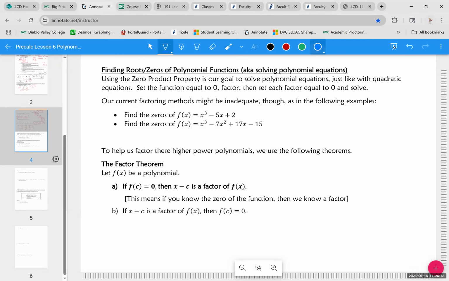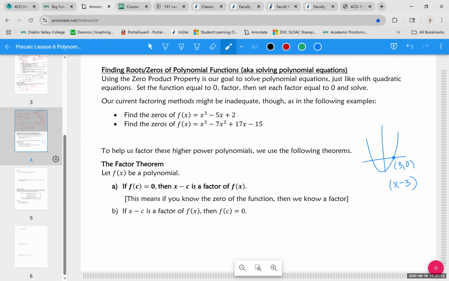If this thing crosses the axis here at 3, 0, then x minus 3 is going to be a factor of that equation. When you factor it, x minus 3 will be one of those factors. Okay. And it does go the other way too. So if you knew that x minus 3, or x minus c, is a factor, then of course that factor could be set equal to 0 and solved.